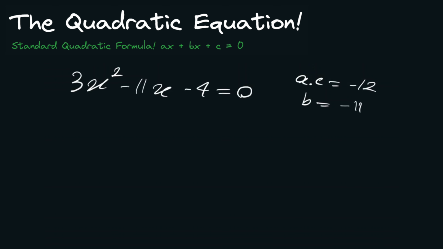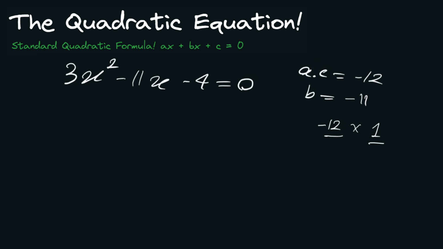So if we just use trial and error and think it off the top of your head, you'll finally get to the conclusion that it's going to be negative 12 times 1. When they're multiplied, it's going to give us negative 12, and when they're added, it's going to give us negative 11. So we already found the answers, negative 12 and 1. However, because of this 3 here, our factorization method is a bit different this time.